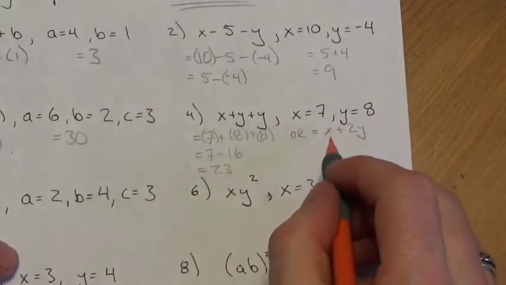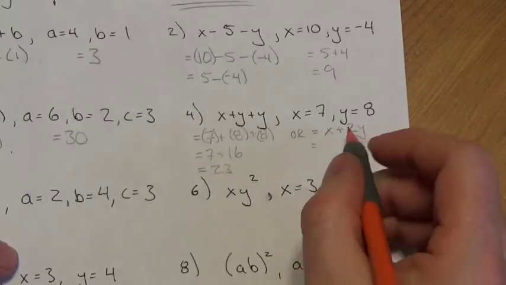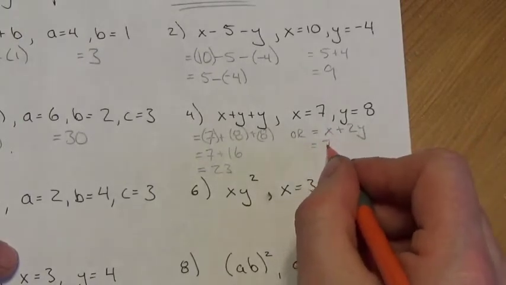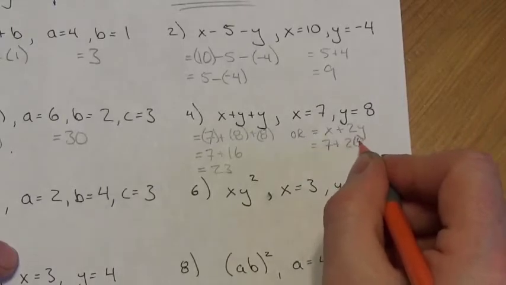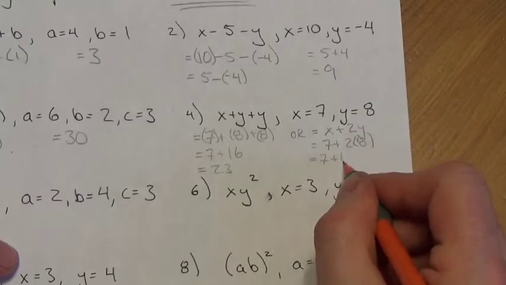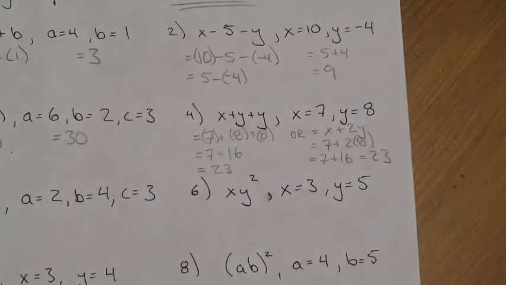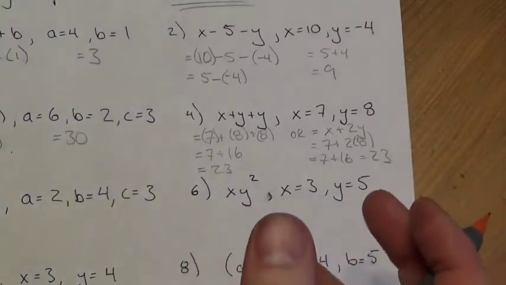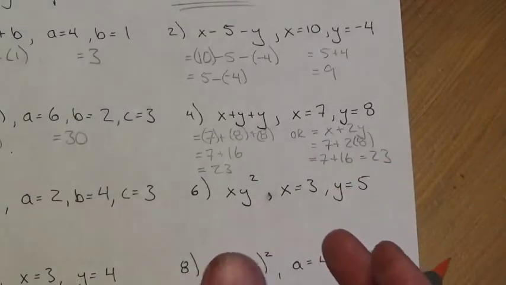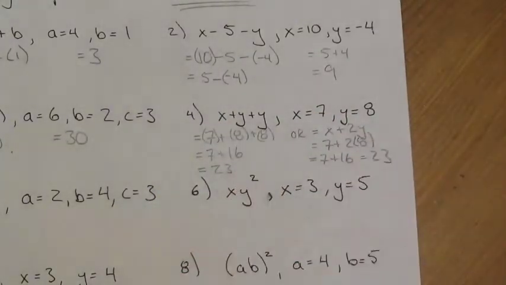What this is telling me is that I take the value of x and add twice the value of y. So that's 7 plus 2 times 8, so 7 plus 16, and once again we get 23. So you might be able to see how it's a good idea to simplify algebraically first before I do that substitution.